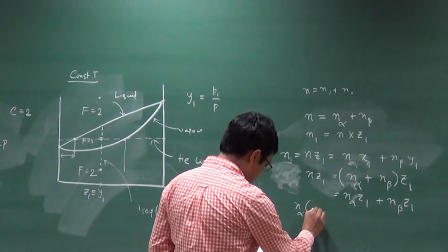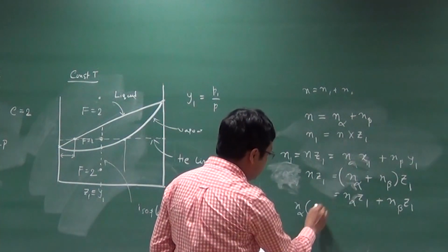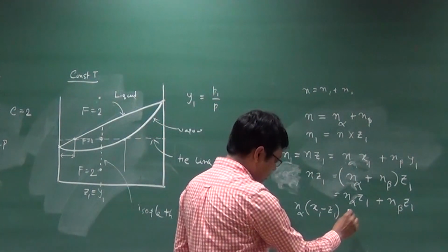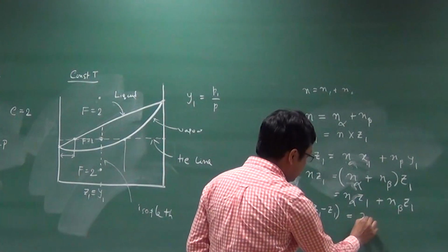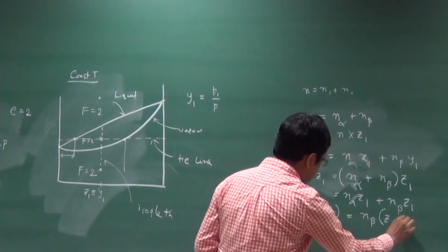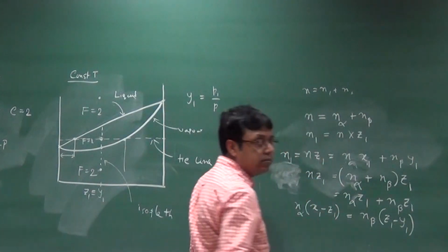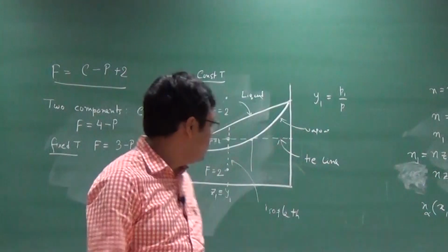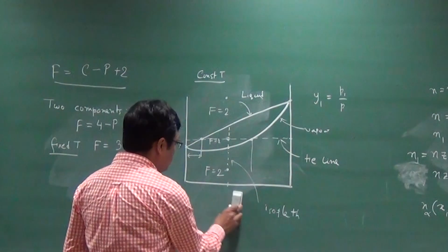If I take the left hand side, it will be X1 minus Z1. And then on the right hand side I should have N beta the other way, Z1 minus Y1. Clear?